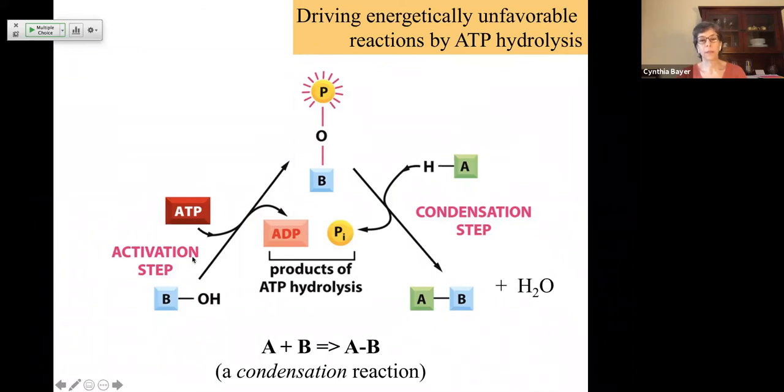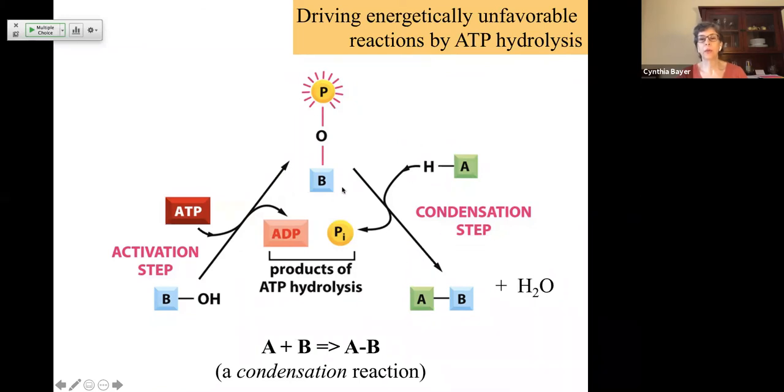The activation step is in the presence of ATP. ATP is hydrolyzed to produce ADP, and that terminal phosphate is added or linked to subunit B. So now we have a phosphorylated compound B, a high energy intermediate, which because it has so much free energy and it is now chemically unstable, it is much easier for a phosphorylated B to exchange its phosphate for subunit A in this condensation step.